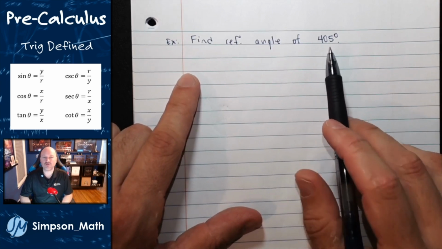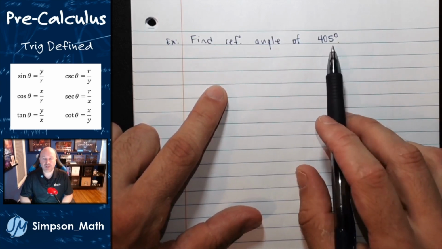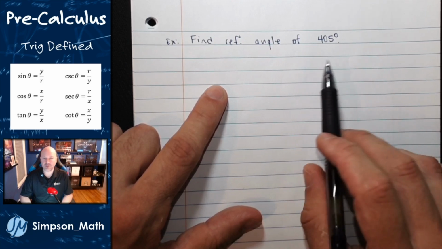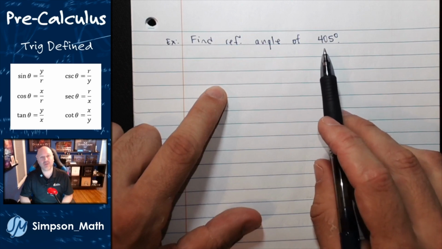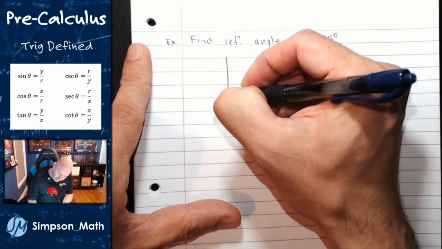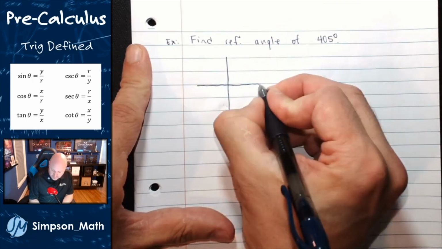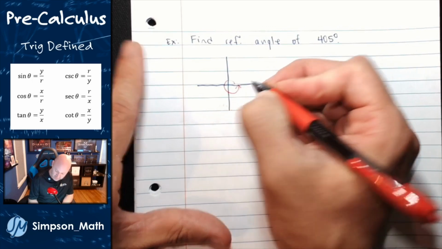I am going to start by drawing 405 degrees in standard position. Now this is bigger than a full revolution, so I may go off and find a coterminal angle as well, just so I can start to talk about it. But I've got my Cartesian plane. I know a full circle makes 360 degrees.